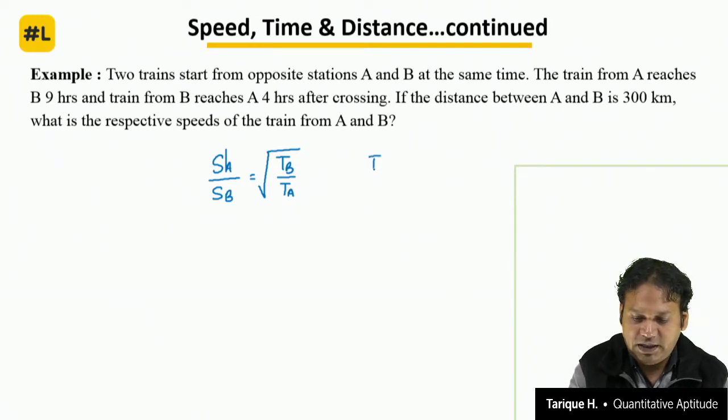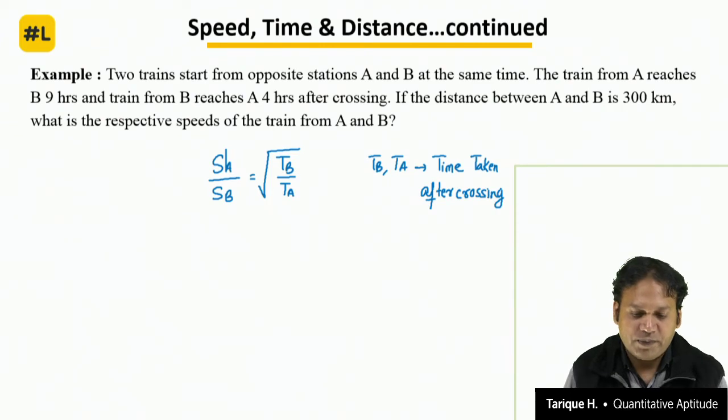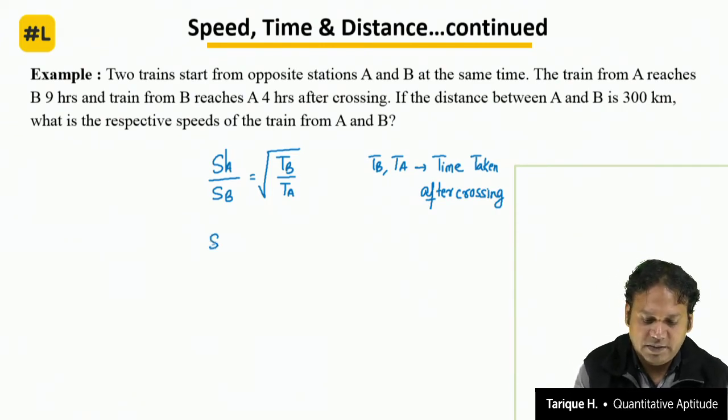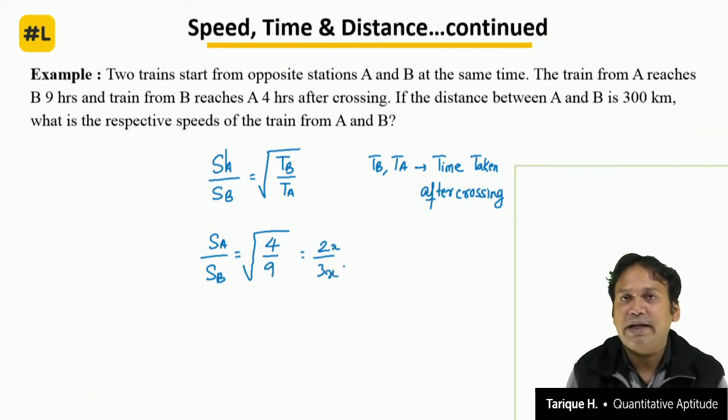So TB and TA here stand for time taken after crossing. Yeah, that's very important to understand. Time taken after crossing, TB and TA. So using this formula we can directly say SA by SB is equal to under root TB by TA, 4 by 9, that is 2 by 3. Let the speed be 2x and 3x, and then using that we can solve the question and get the answer.